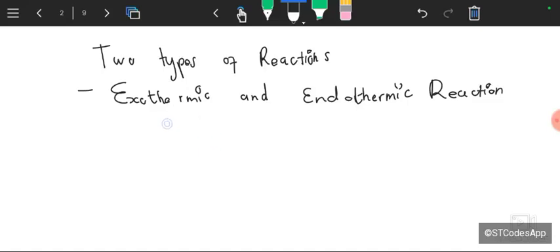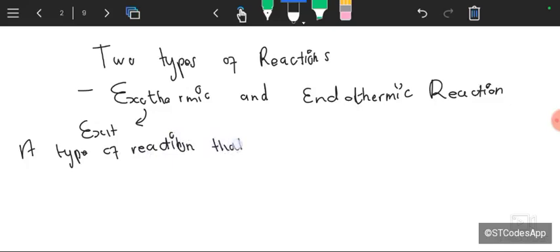Understand one thing. Exo, just think of exit. Exit what? It takes out heat. So it releases energy. An exothermic reaction is a type of reaction that releases energy.